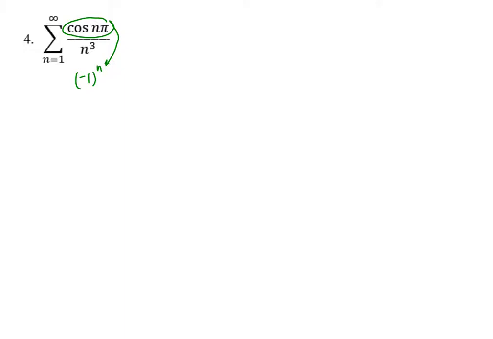At 1 pi, negative, at 2 pi, positive. So really the series could be rewritten as the series negative 1 to the n over n cubed instead of cosine n pi over n cubed. Now that's only because the argument is pi. If it were pi over 2 or just n, it would be totally different.